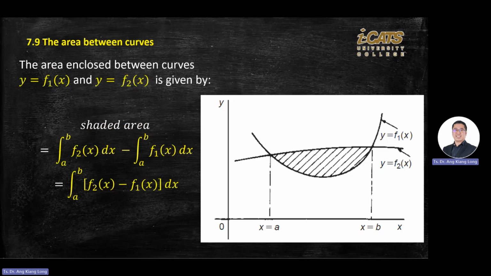The second one, this is f1. If you integrate, you get this area. So how to get this area? You take this one minus this one, and you get this one.